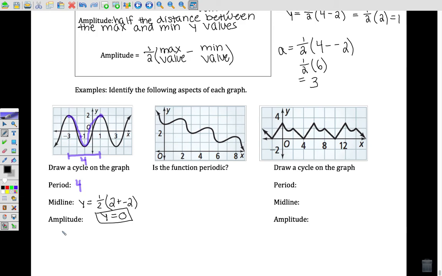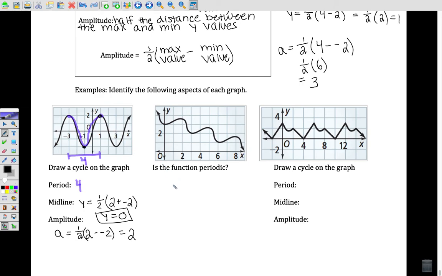Finally, our amplitude just means how far are we ever from the midline. So amplitude is 1/2 the maximum value of 2 minus the minimum value of -2. That gives us 1/2 of 4. Our amplitude is 2. The maximum value is 2 away from the midline. The minimum value is also 2 away from the midline.